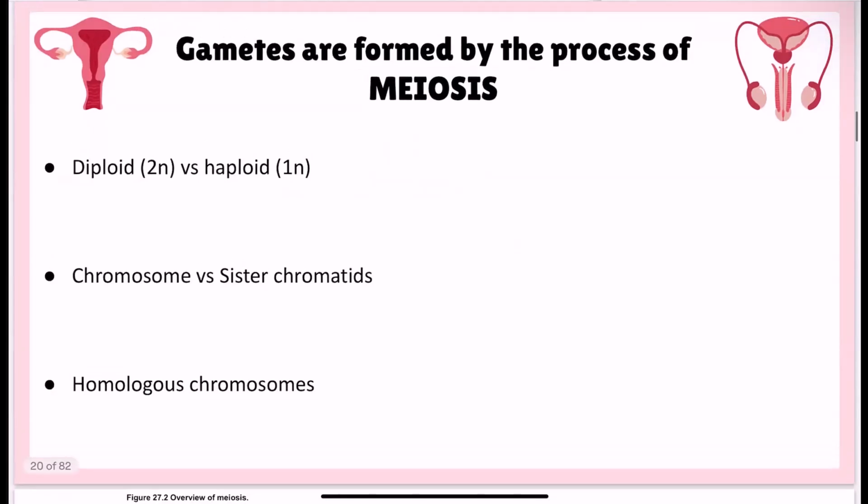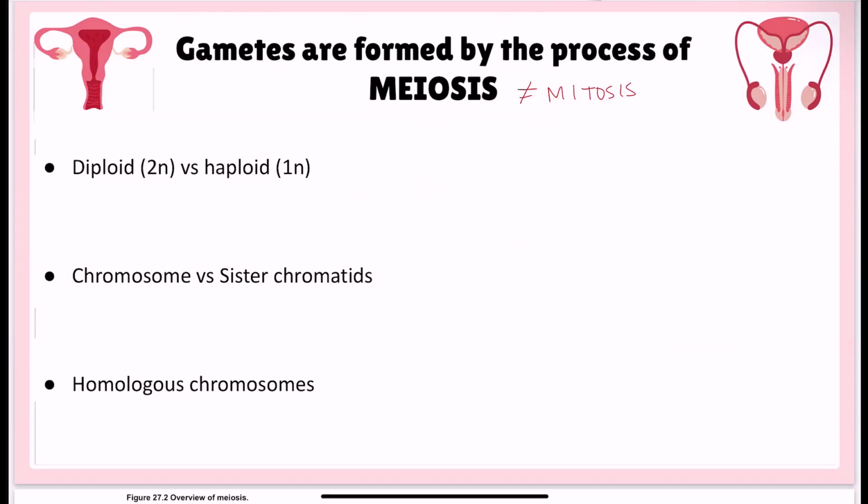So the process of gamete formation happens by this guy called meiosis. And meiosis is cell division. And we've learned about cell division before, but that's called mitosis. So I'm going to write meiosis does not equal mitosis. Similar but different processes.